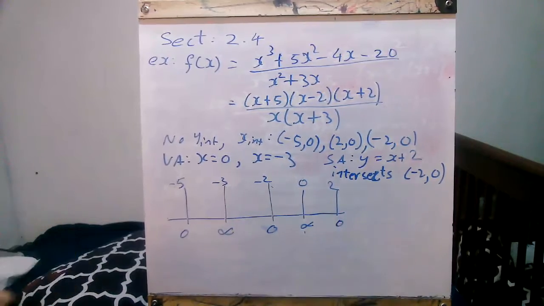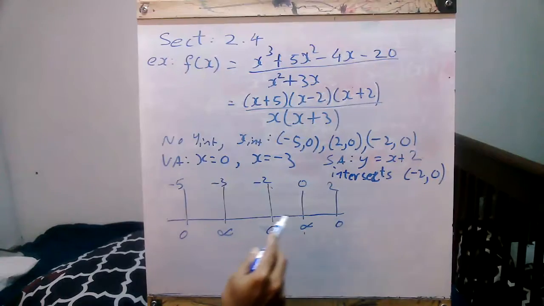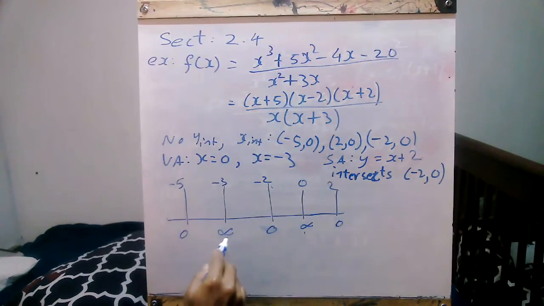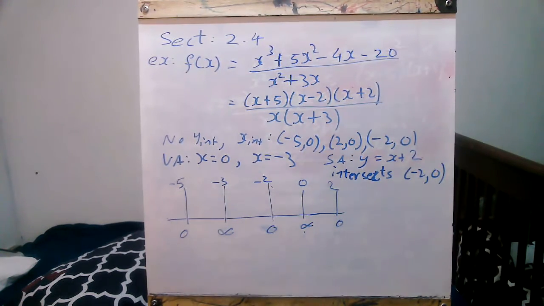This is 0, 2, 0, an x-intercept. We have 3 x-intercepts, these 3 points. At these points, these are vertical asymptotes.